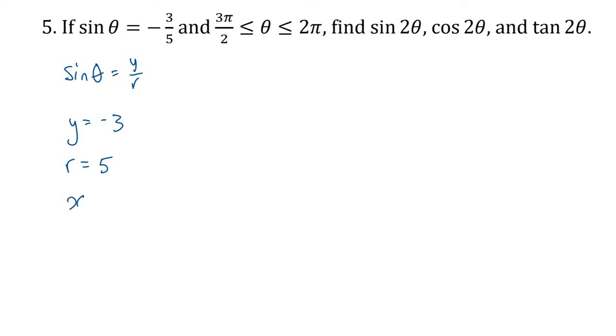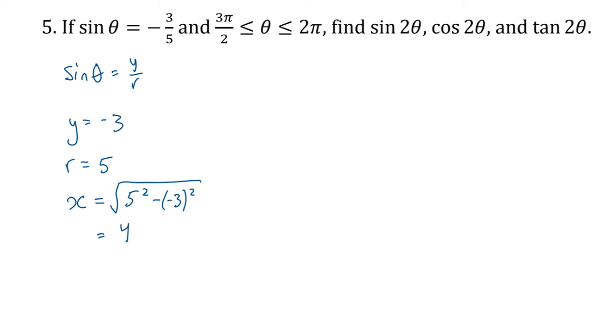How do we find x? Pythagorean theorem. R squared minus y squared in this case. 25 minus 9 is 16. Square root of 16 is 4.